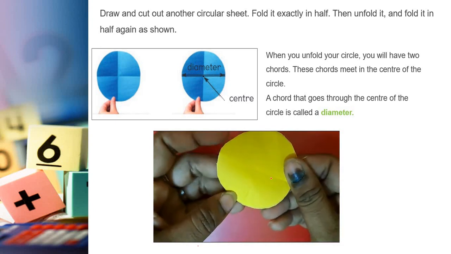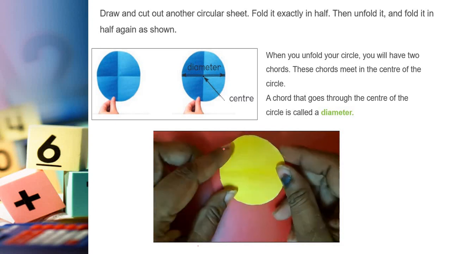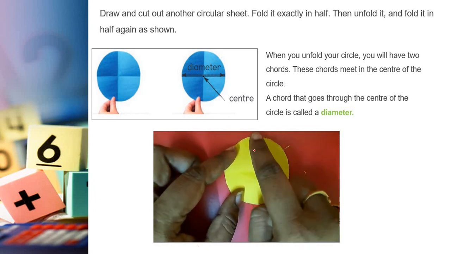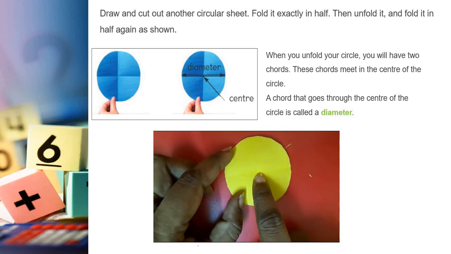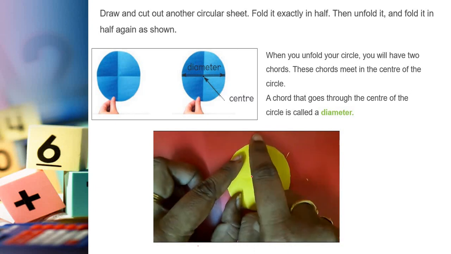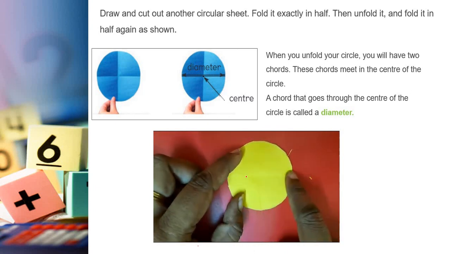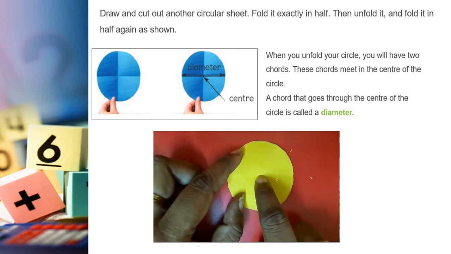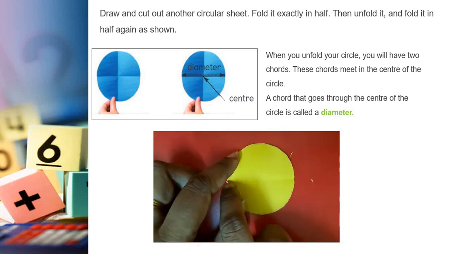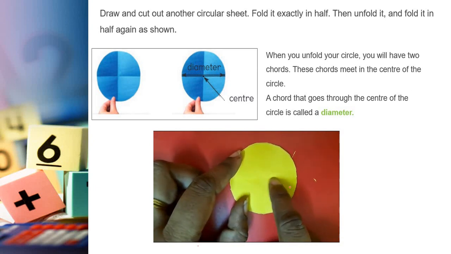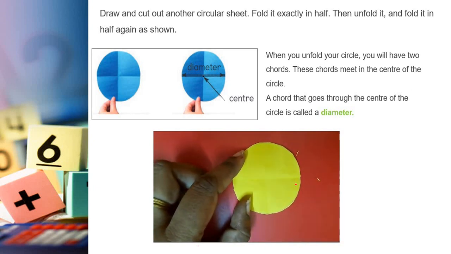When you unfold your circle, you will have two chords. These two chords meet in the center of the circle. A chord that goes through the center of the circle is called a diameter.